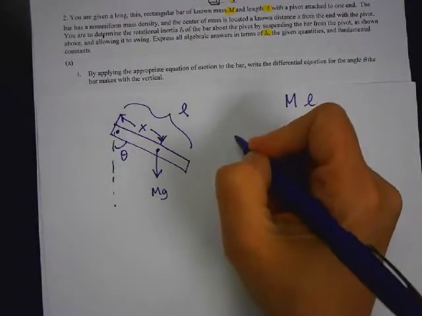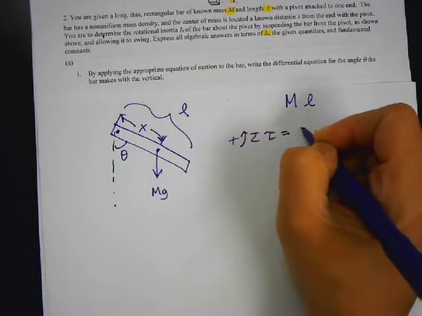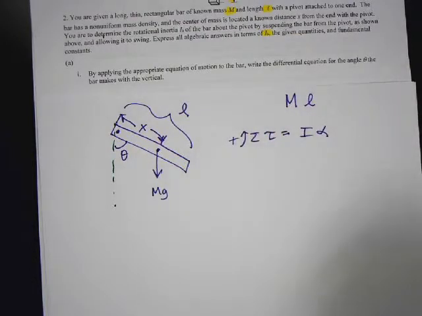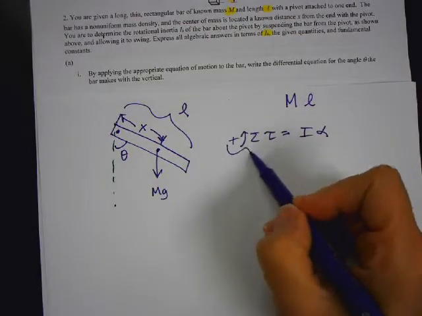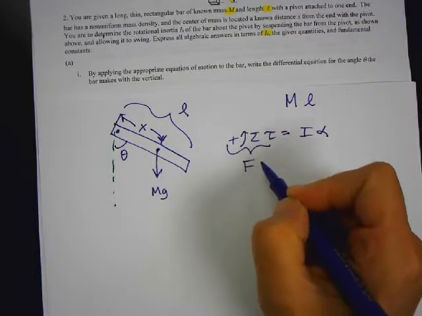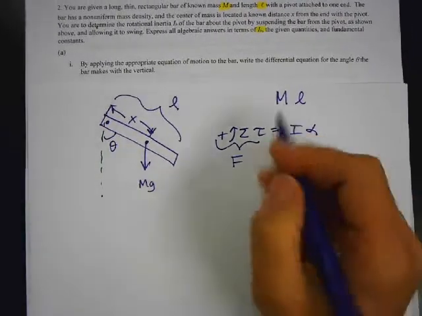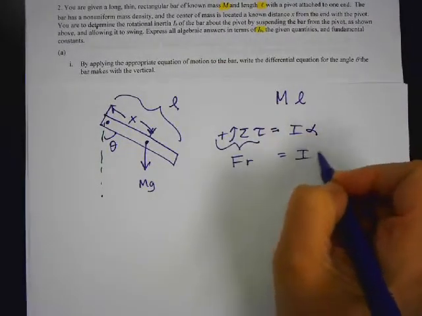So again, my sign convention: summation of tau is equal to I alpha. I'm going to do it the way I'm used to, but then I'm going to substitute in the variables they have in this problem. So I have F R is equal to I alpha.